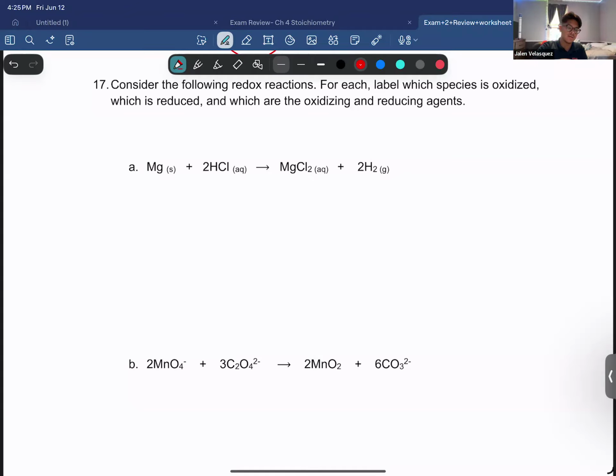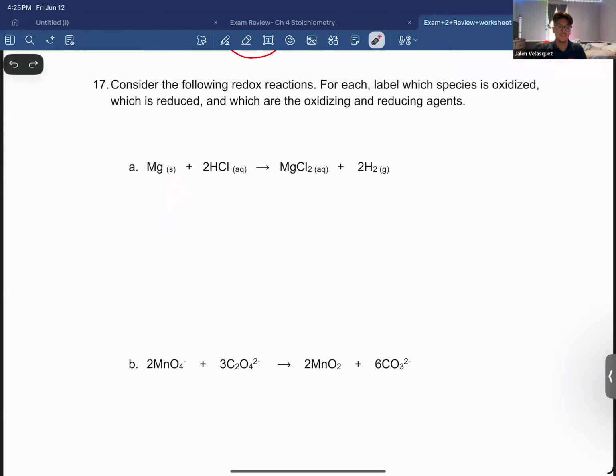This is the science behind how batteries work and also how your own cells make energy, right? The mitochondria in your cells, when they go through the Krebs cycle and the electron transport chain, are doing redox reactions and transferring electrons to make energy.